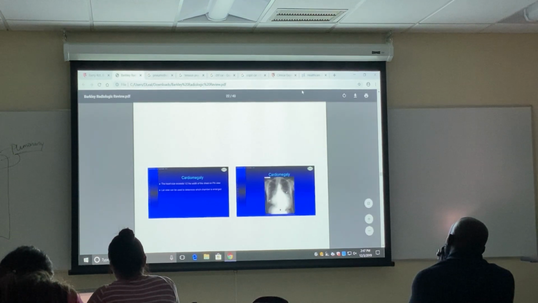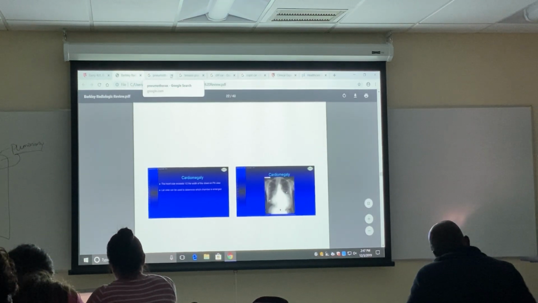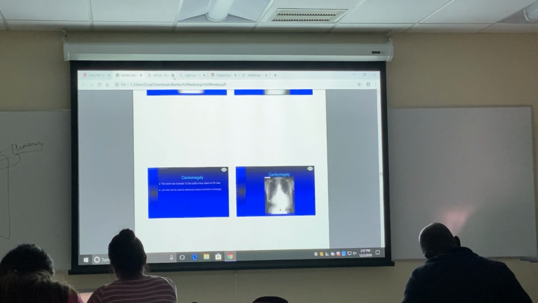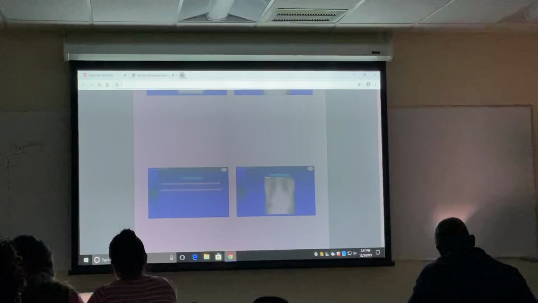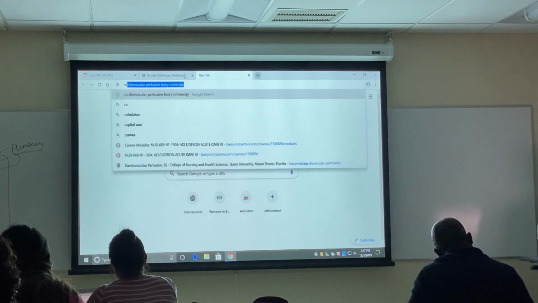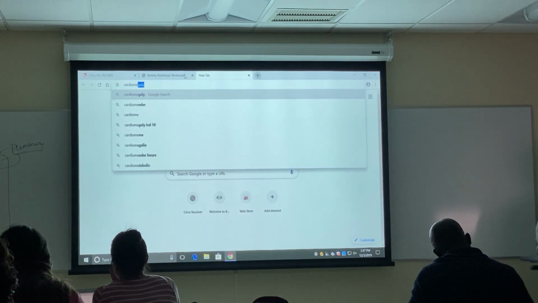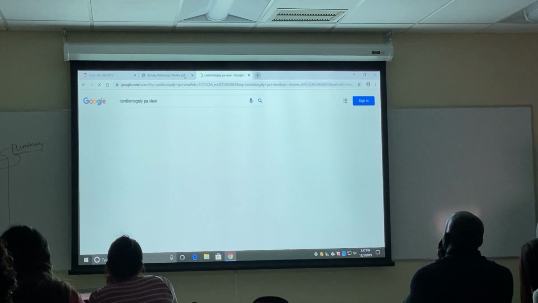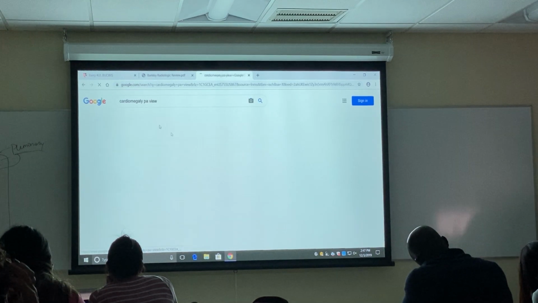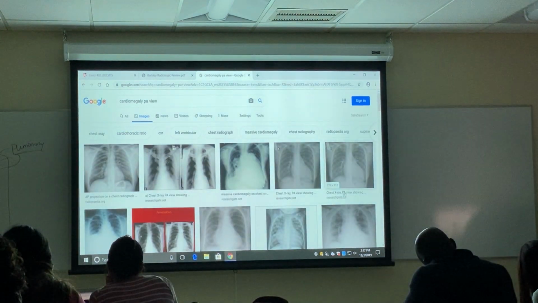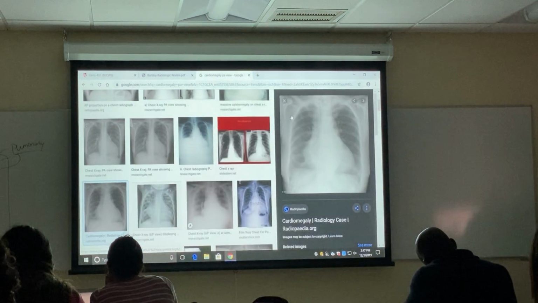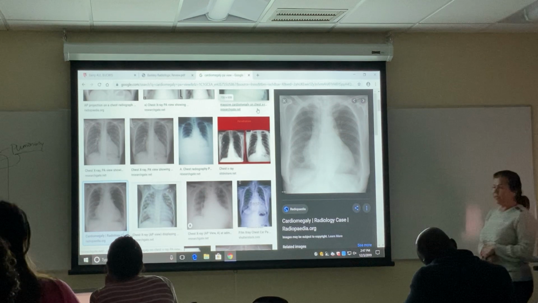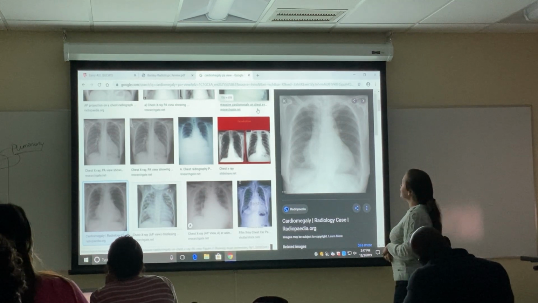So a cardiomegaly patient, let me show you if I'm able to open one x-ray. Do you see the scapulas inside the chest?